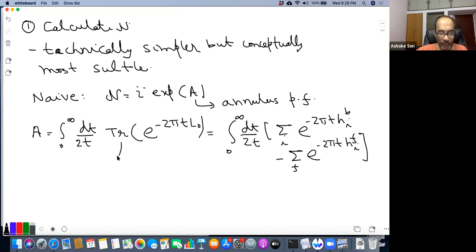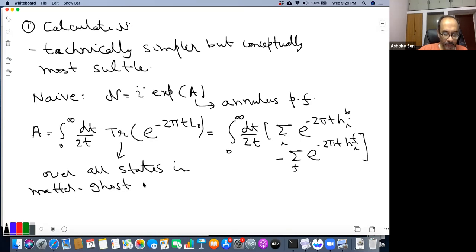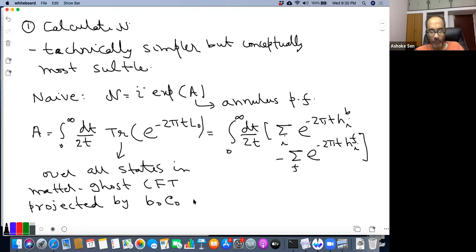This trace is taken over all states in the matter plus ghost CFT, but projected by B0, C0. So B0 and C0 are the zero modes of the B and C ghosts on the worldsheet. And this projection operator basically comes from the fact that the annulus has B and C zero modes. So to define the annulus partition function, you use the projection operator B0, C0.